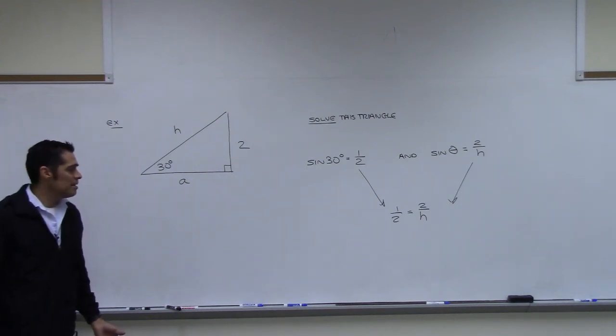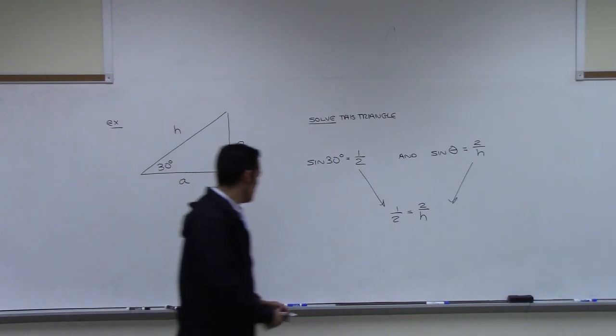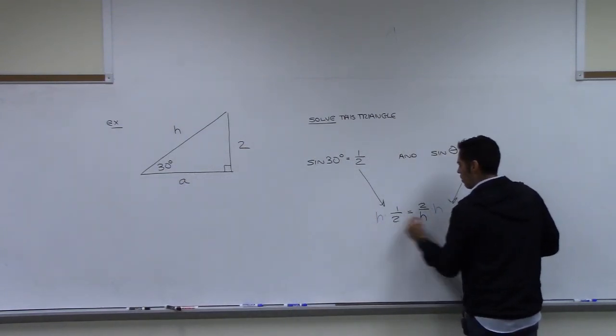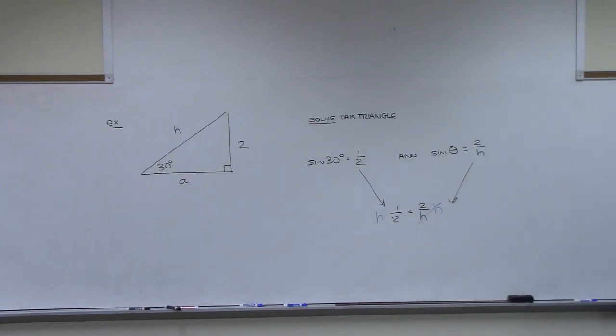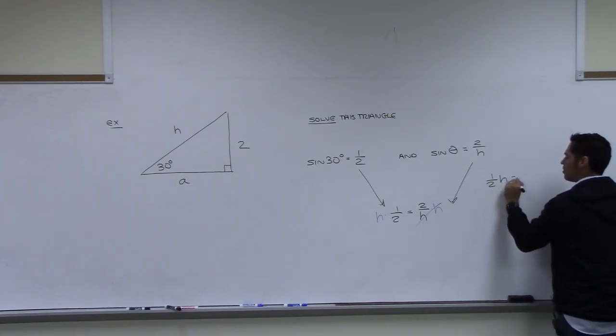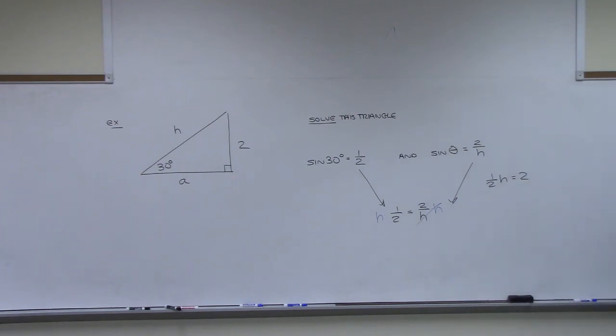So let's get h out of the denominator. We'll multiply both sides of this equation by h. And won't that get it off the denominator over there? You all right with that? So this just says now 1/2 h equals 2. And multiply both sides by 2.